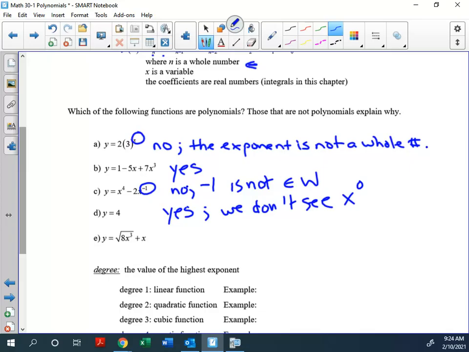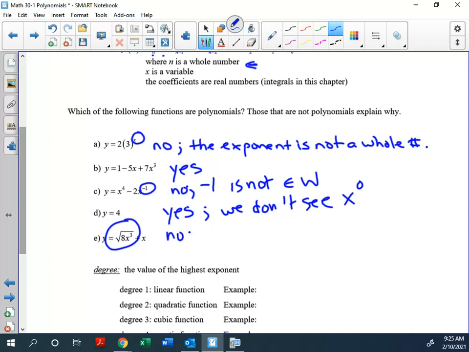E, is that a polynomial function? Well, I need to look: does it have a variable with an exponent that's a whole number? Well, I've got the x, but when I finish working through this, that is going to be an exponent of 3/2. Remember 10C? 3/2 will be that exponent.